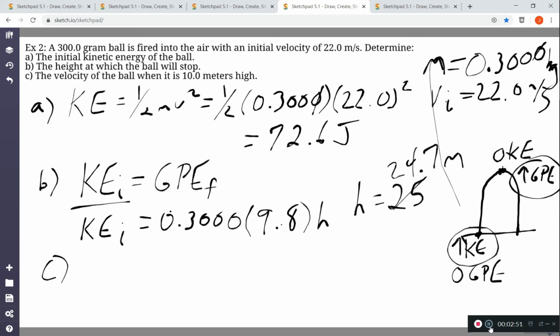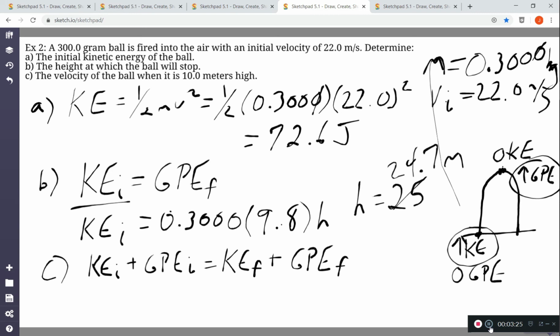Finally, the velocity of the ball when it is 10 meters high. So this is a little bit trickier because not everything is going to be as cut and dry here. If we have our setup that kinetic energy initial plus gravitational potential energy initial equals kinetic energy final plus gravitational potential energy final.